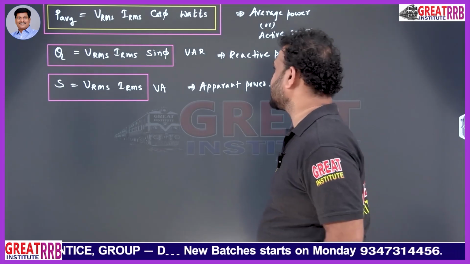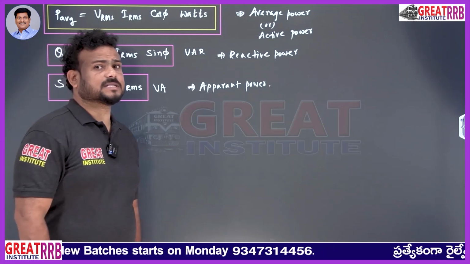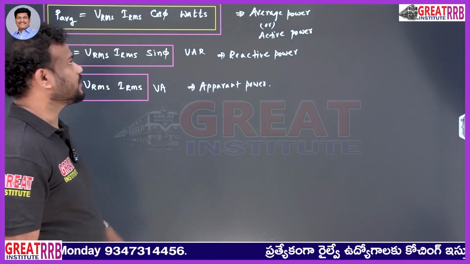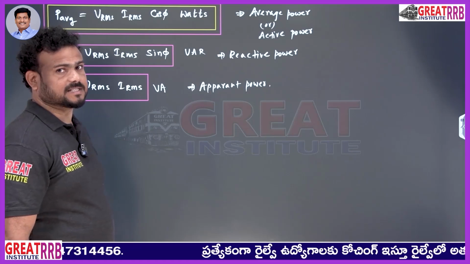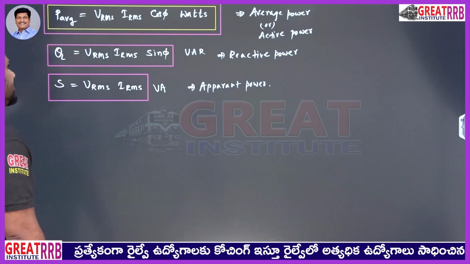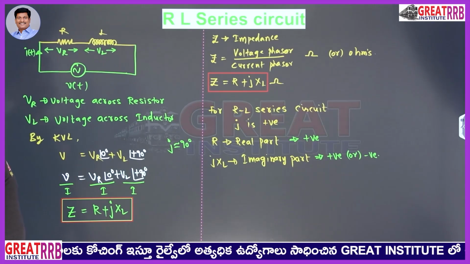You should remember this. The discussion of these powers has been done at our basic levels, so go back to see how these powers were discussed. But for now, remember these powers exist. So this is about the RL series circuit.